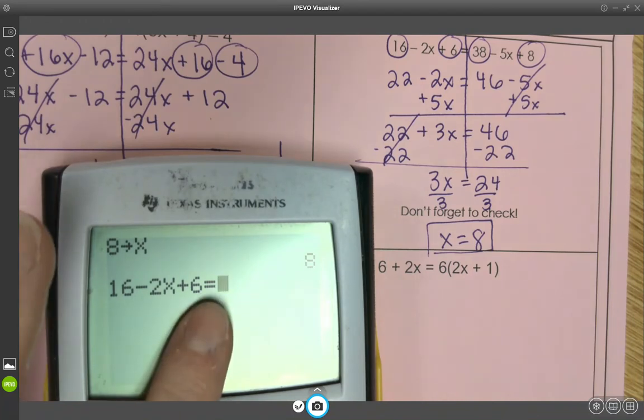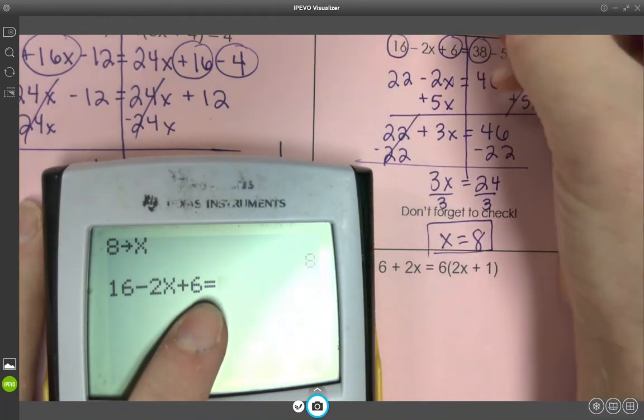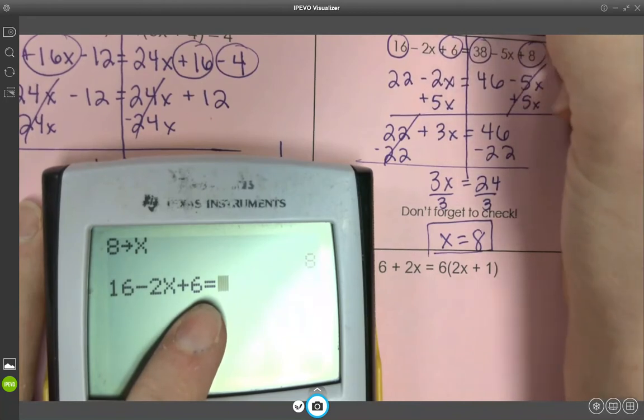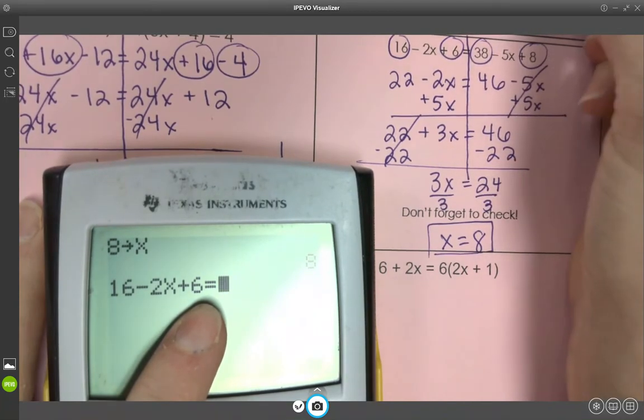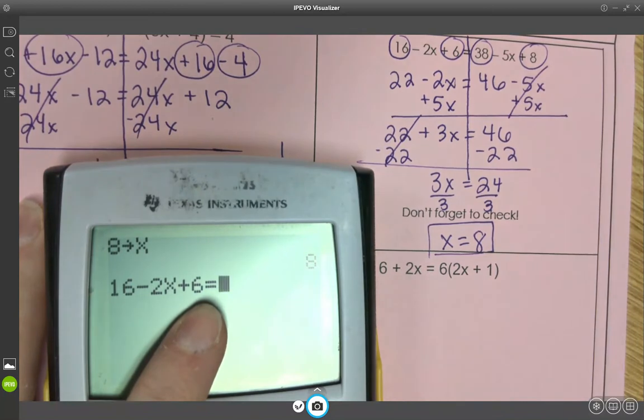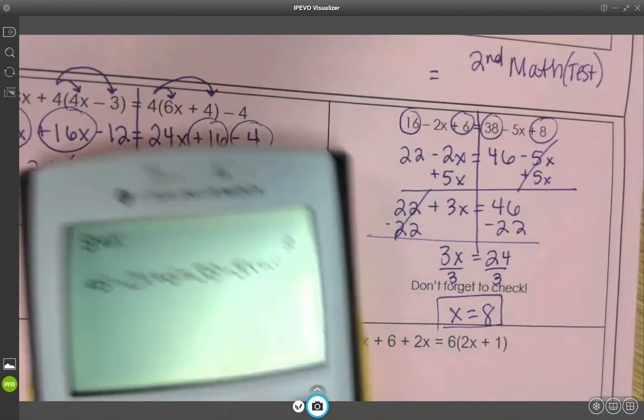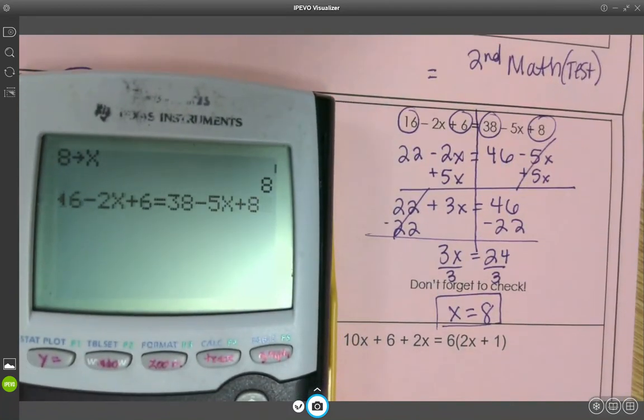To get that equals, you do second math, and that's for the test. And you can get an equal sign. If you want to write that down to help you along. And so what I did was I put the left-hand side equals the right-hand side.